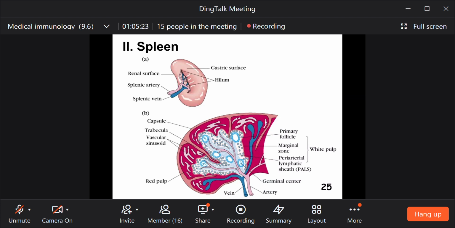There are areas filled with T cells and B cells. They make up about 5 to 20% of the spleen, and there are lots more B cells in younger people than in older people, and the number decreases with age.